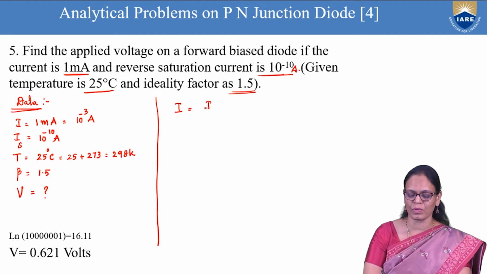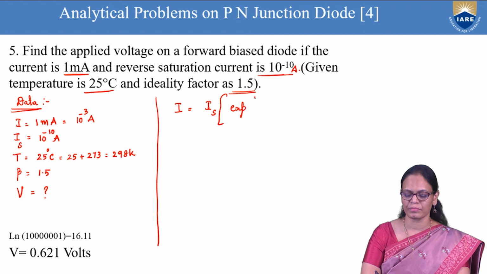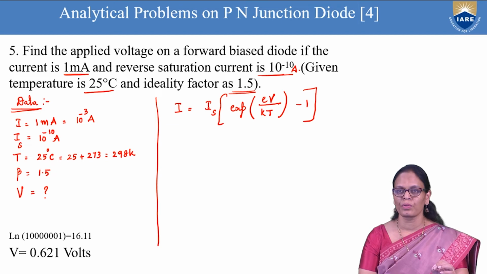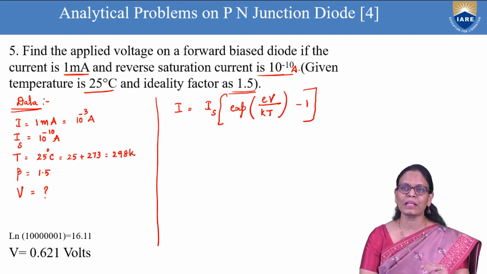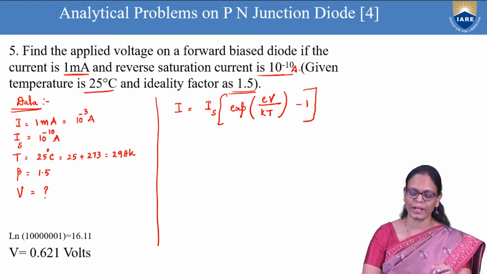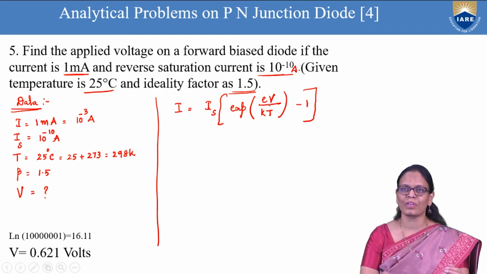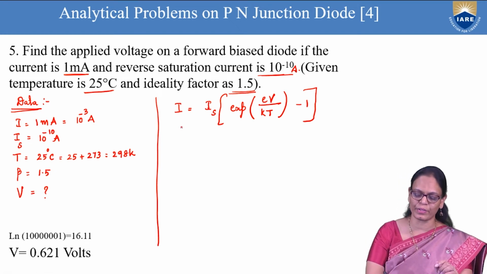I is equal to Is exponential of eV by kT minus 1. To make the simplification easy, I will write the formula for V first so that we can directly substitute and get the value.